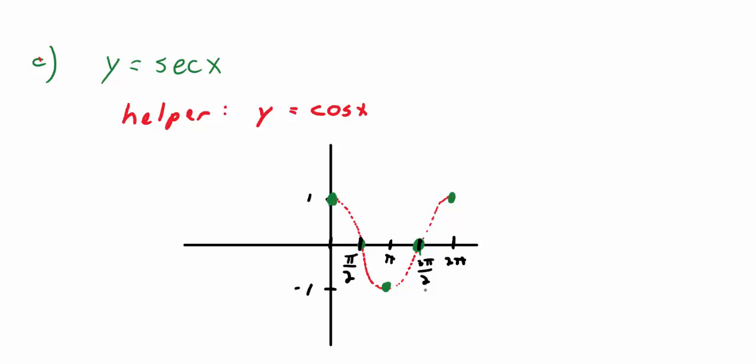Now draw asymptotes corresponding with the x-intercepts. Since the secant of x is equal to 1 over cosine of x, those x-intercepts correspond to where the secant's not defined, so they correspond to vertical asymptotes. So just draw vertical lines through x equals pi over 2, and label it.